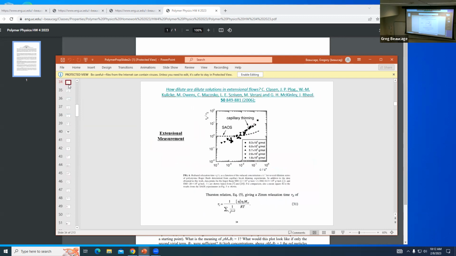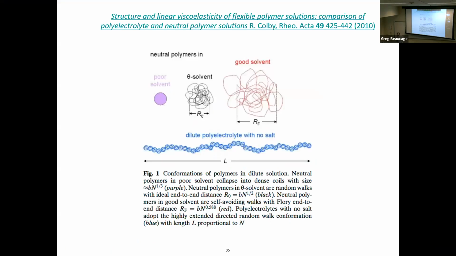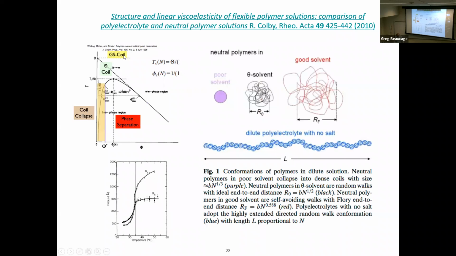This business. So let me go to here. Get this expanded. It's up here, right? So we got this situation, like the coil. In a good solvent the thing's expanded, in a beta solvent it's like that. And then you can get this collapse. There's a region where you get that collapse.